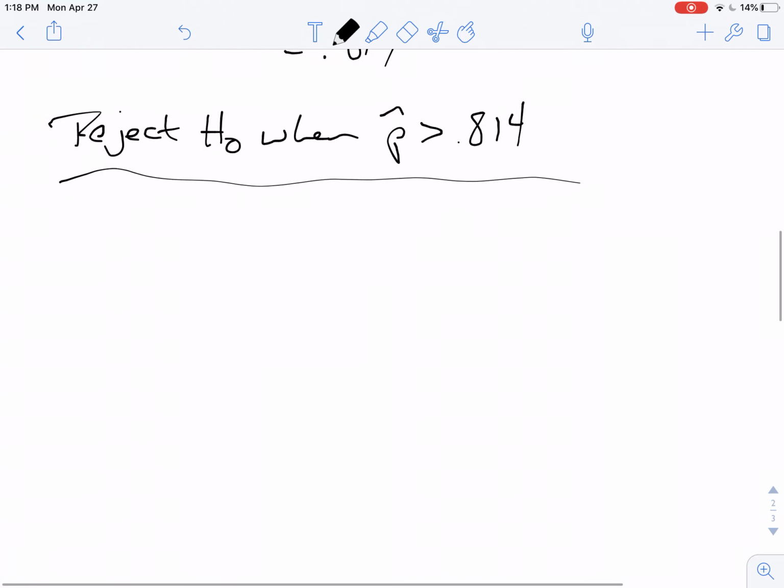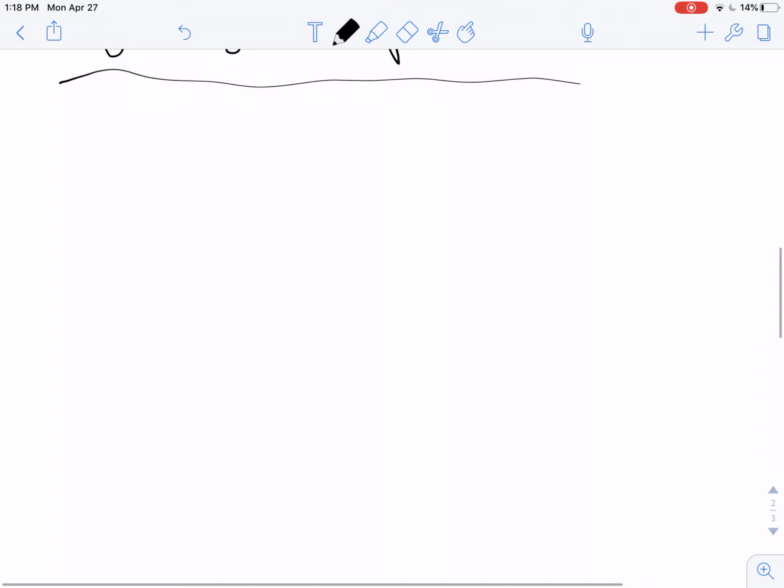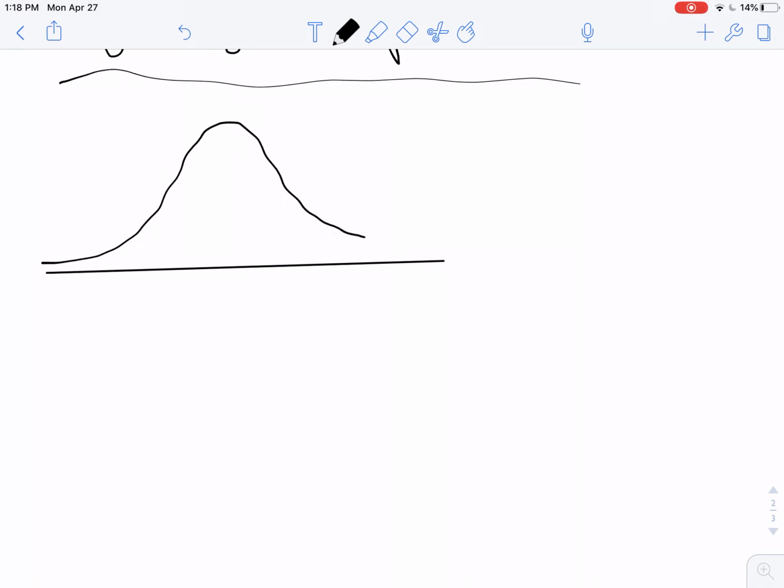Okay, so now remember what it says is that the actual population proportion is 0.8. Okay, so what I want to do now, so I know basically that my null hypothesis is false. So now I'm trying to evaluate, well, what's the probability of me correctly rejecting that false null hypothesis? So what I'm going to do is I'm going to then make a picture centered at that actual true proportion. So I'm going to center my picture now at 0.8.